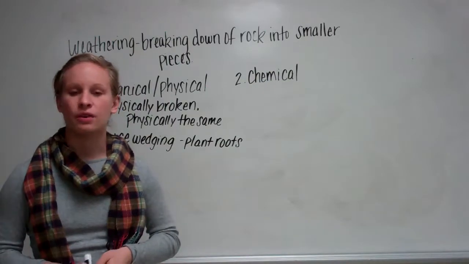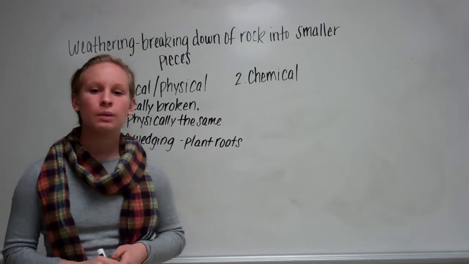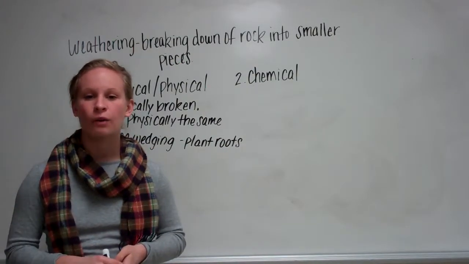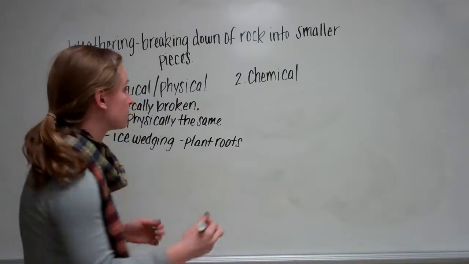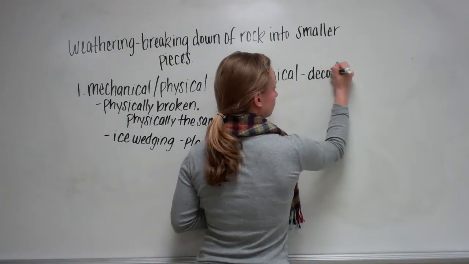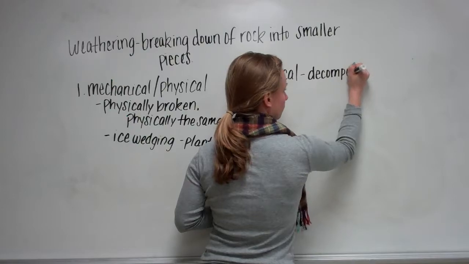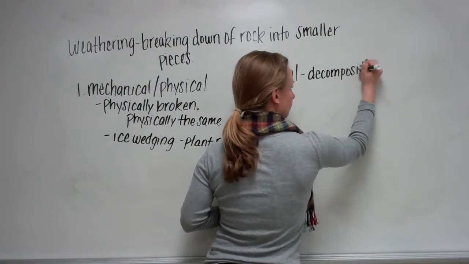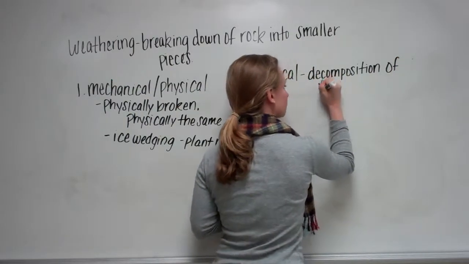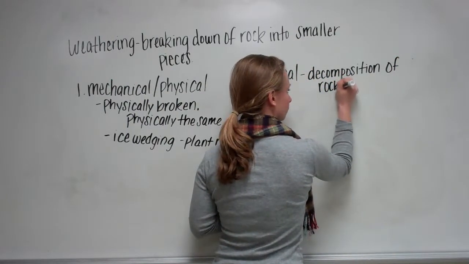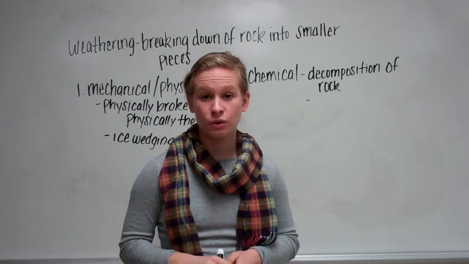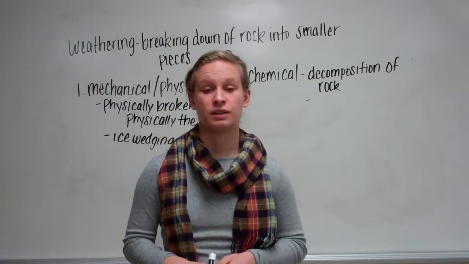The other type of weathering, which is our chemical weathering, is where we have our rock decaying, breaking down, or being decomposed. So we'll write decomposition. And what we're ending up with is new physical and chemical properties of our rock.